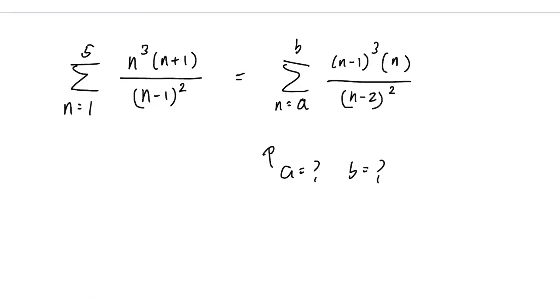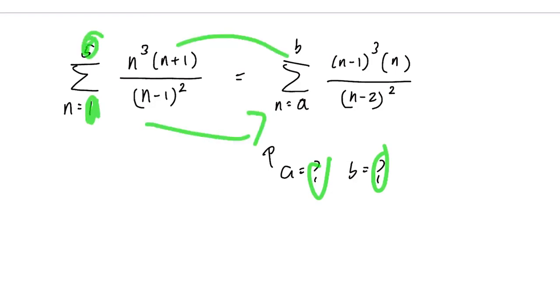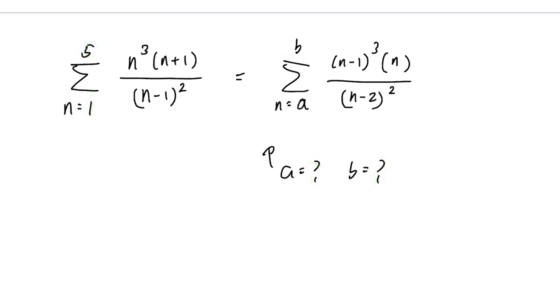Oh, sorry, let me just change this to a 2, because there's an n minus 1 at the bottom. Think about it. If you sub in n equal to 2, what happens to the value here?